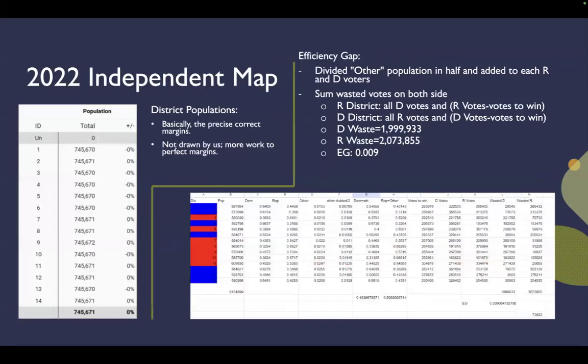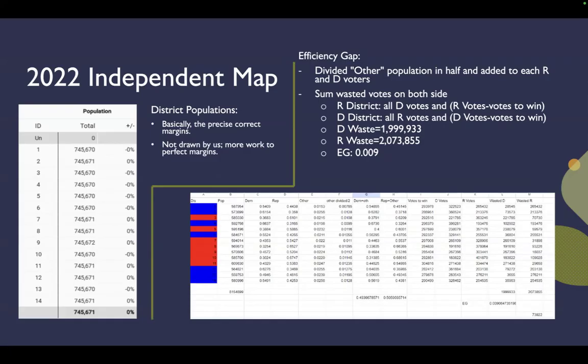So moving on to the 2022 independent map drawn by independent experts, the population is very close to 0%. To calculate the efficiency gap, one problem I had was dividing the other voters into Republican and Democrat votes.